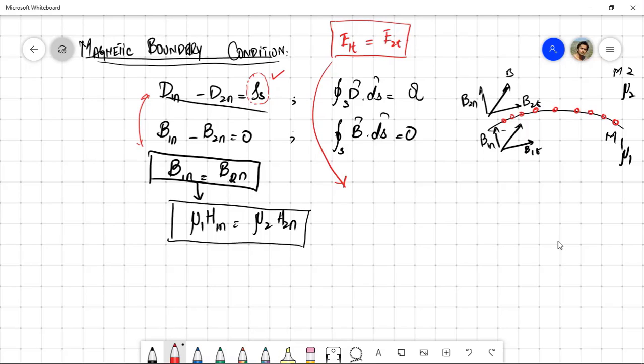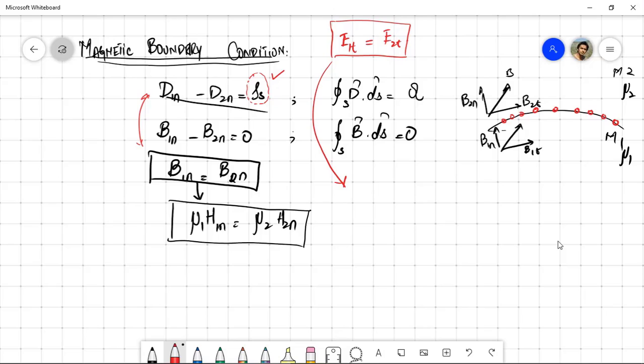So he's saying that if this is b1 h1, similarly h1 and b1, both of them will be in the same direction. He is saying that if we want to know what the value of the normal or tangential component in this case will be, how can we measure that?